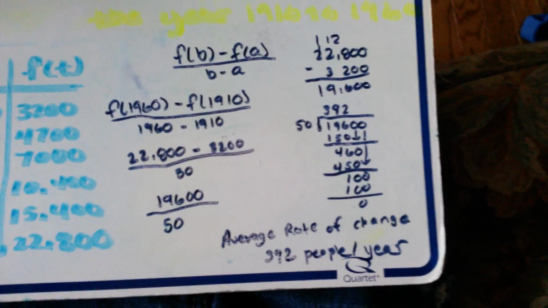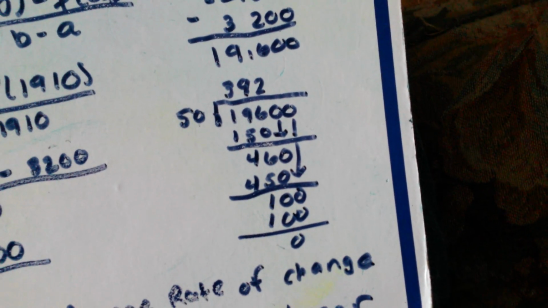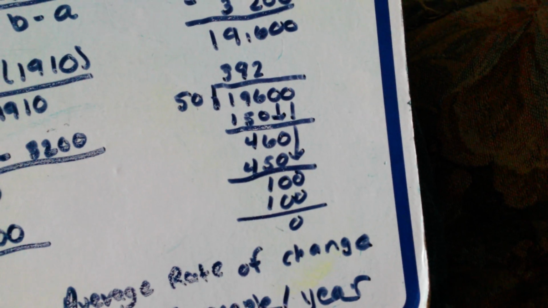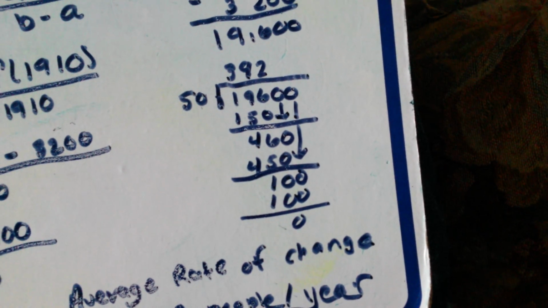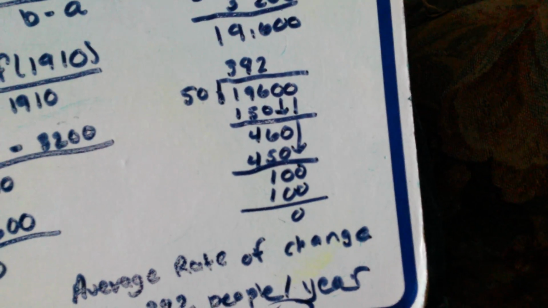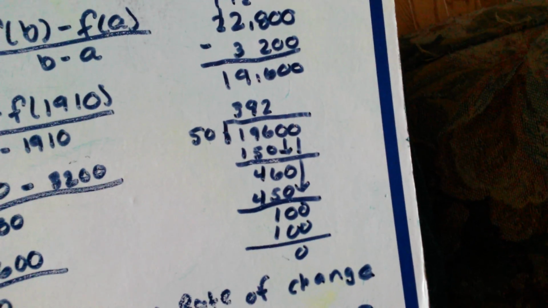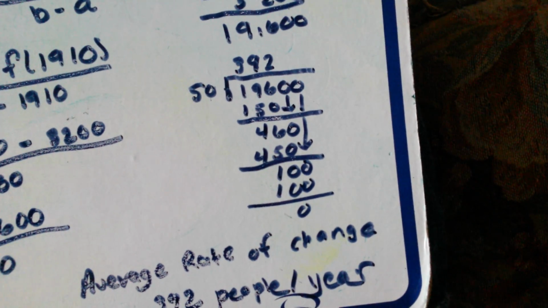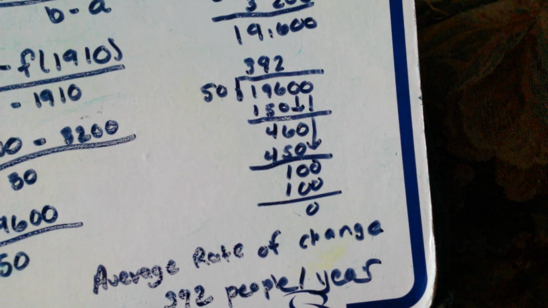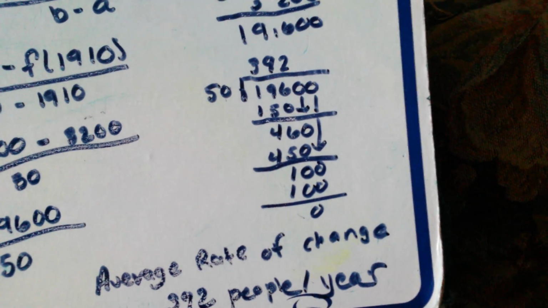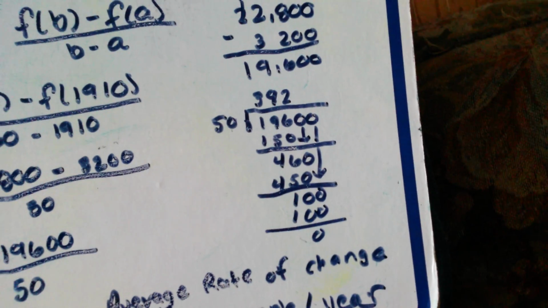Okay, I divided over here. You see right here. I took 19,600 divided by 50. I don't know if I want to explain this to you, but okay. 50 goes into 196 3 times. That's where we got 3 from. You subtract 150 from 196, you get 46. And bring that 0 down. 50 would go into 460 9 times.